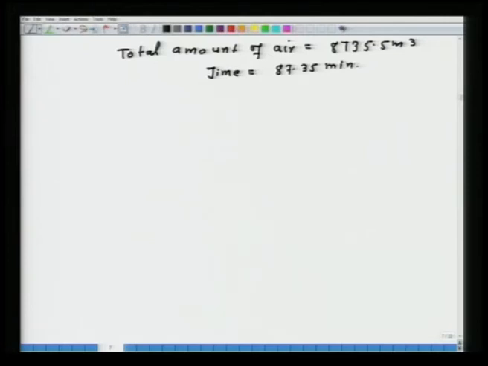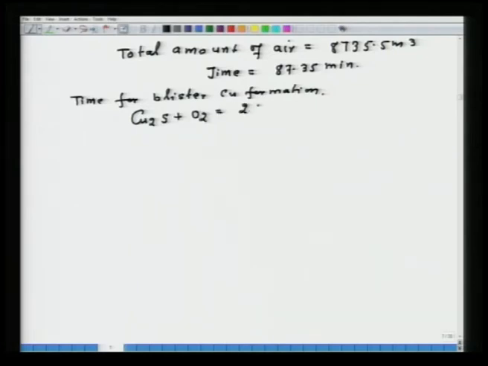Then we are required to calculate the time for blister copper formation. Here you know the reaction: Cu2S plus O2 gives 2 Cu plus SO2. So, you have to find out how many kg moles of Cu2S have been oxidized in this stage. Whatever moles of Cu2S, the same moles of oxygen would be required.